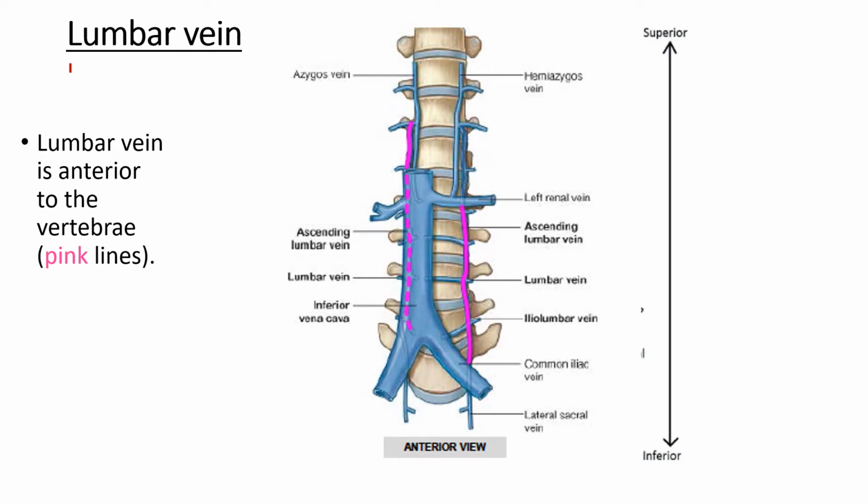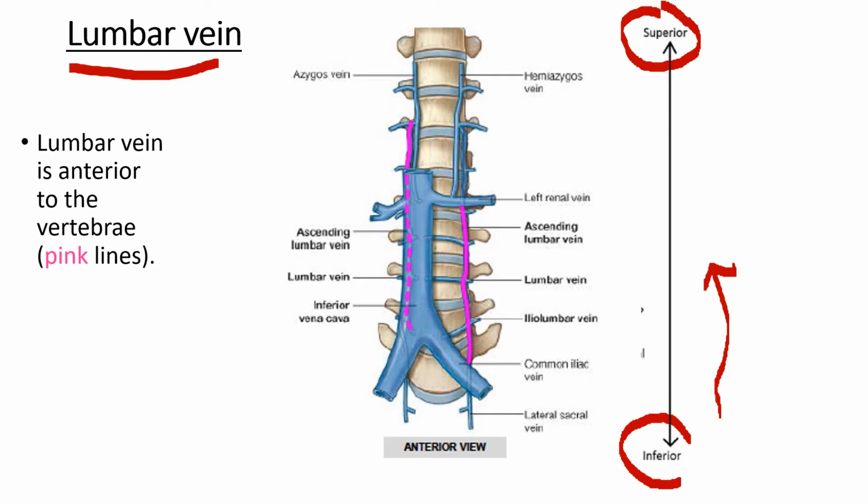All right, so the lumbar vein. That is what you see in pink. It's just going along the lumbar region, and again the veins are returning the blood superiorly. So superior, above. Remember the anatomical structures and positionings that you learned.